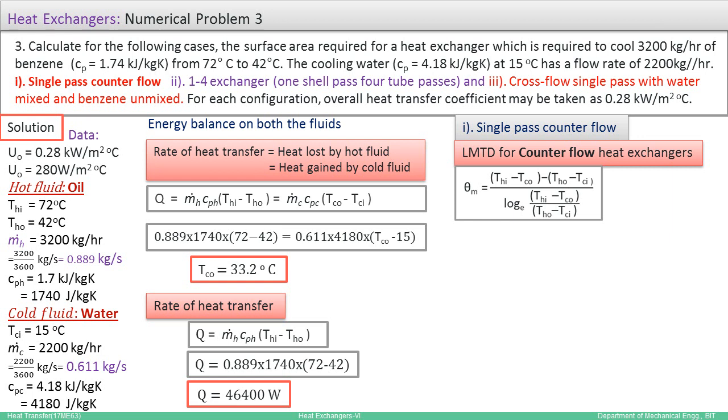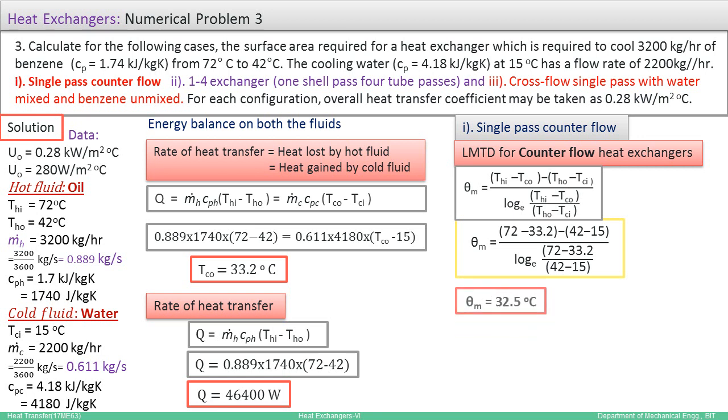Yeah, everything is fine. Thi minus Tco, Tho minus Tci, and the same terms taken within the log, and the ratios are considered, and substitute those values of all the temperatures, and you can get the value of theta m. Theta m is the logarithmic mean temperature difference for the single pass counterflow heat exchanger.